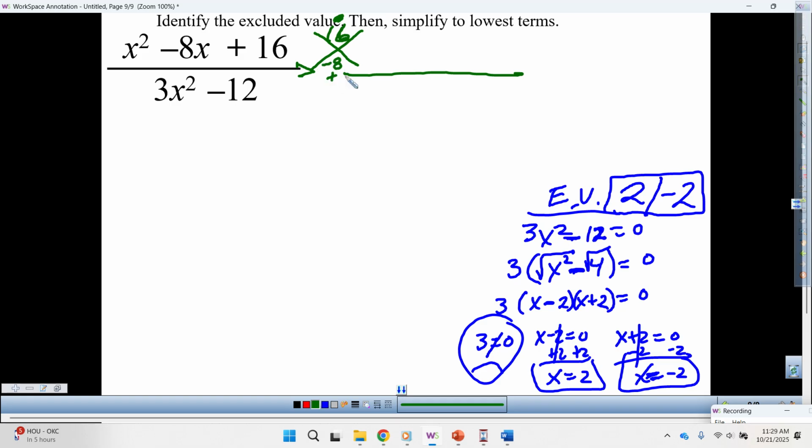Tell your neighbor two numbers that when you multiply them give us positive 16, and when you add them give us negative 8. Negative 4, negative 4. So my factors are x minus 4, x minus 4.